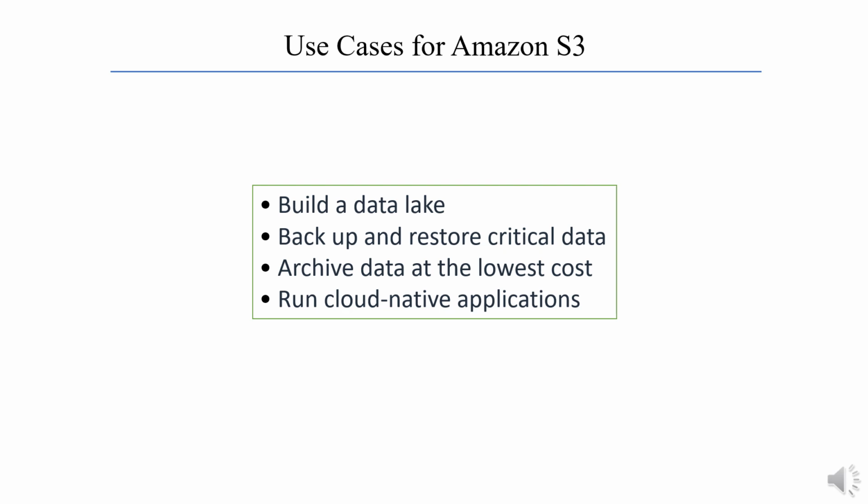Archive data at the lowest cost. Move data archives to the Amazon S3 Glacier storage classes to lower costs, eliminate operational complexities, and gain new insights. Run cloud-native applications. Build fast, powerful mobile and web-based cloud-native apps that scale automatically in a highly available configuration.